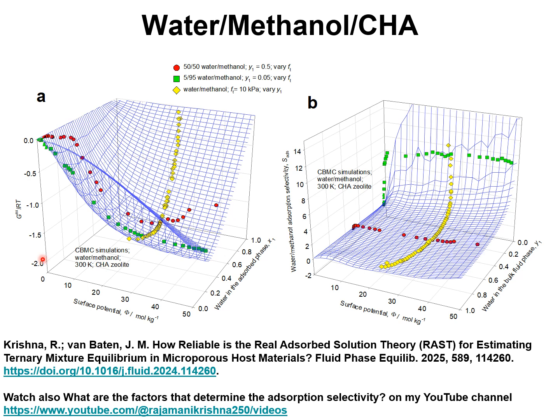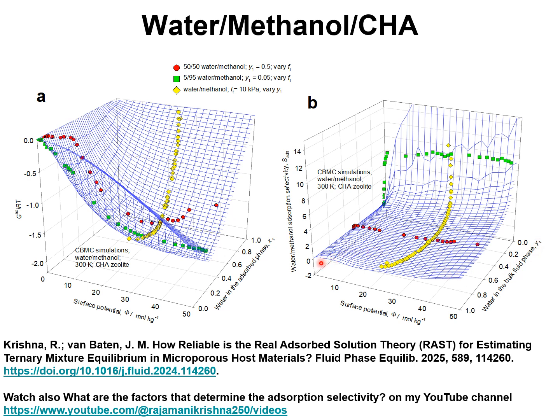The left graph is the excess Gibbs free energy plotted as a function of the surface potential and mole fraction in the adsorbed phase. The adsorption selectivity is shown here as a function of phi and the mole fraction in the bulk fluid phase.